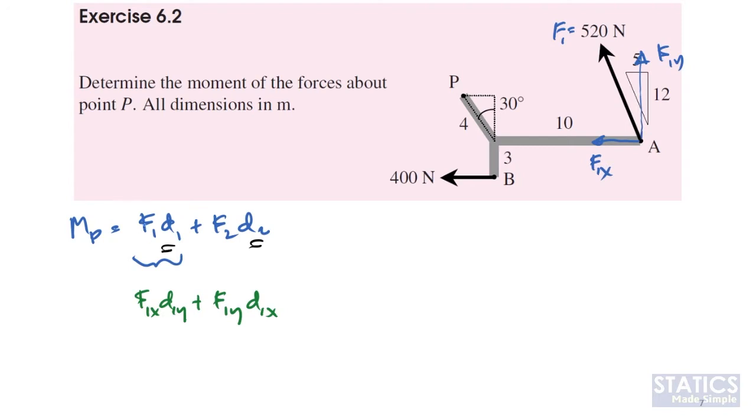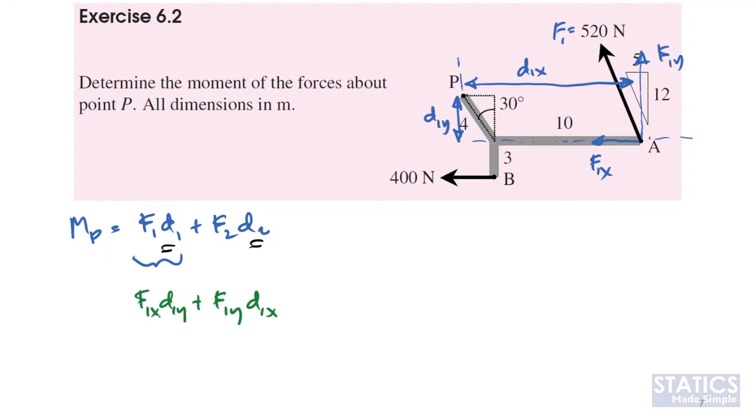And we know that F1 times D1 should be equal to F1X times the perpendicular distance from the line of F1X towards point D, in this case, this guy here, and this is your D1Y, which was along the Y axis, right? So that's why we have F1X times D1Y, and then plus F1Y times the perpendicular distance from the line of F1Y towards point F, this is our D1X, okay?